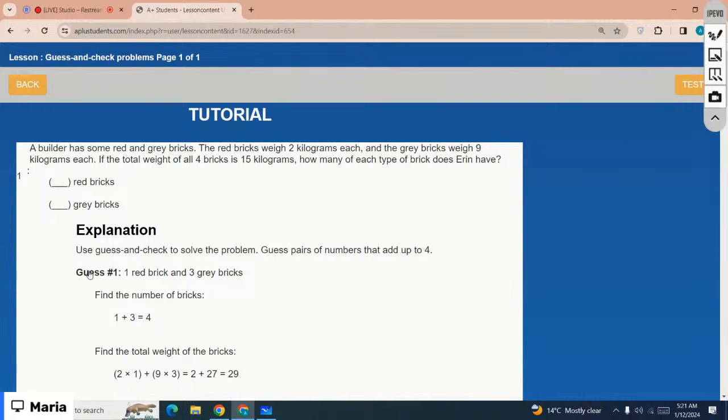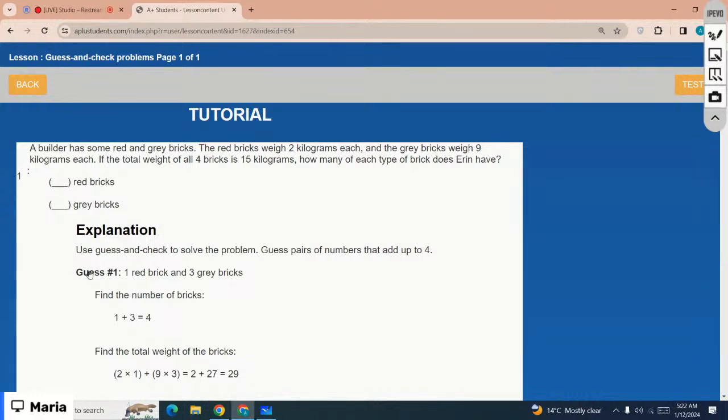A builder has some red and gray bricks. The red bricks weigh 2 kilograms each, and gray bricks weigh 9 kilograms each. If the total weight of 4 bricks is 15 kilograms, how many of each type of brick does Aaron have? Right? So you are given the weight of red is 2 kilograms, and the weight of gray bricks is 9 kilograms each, right?